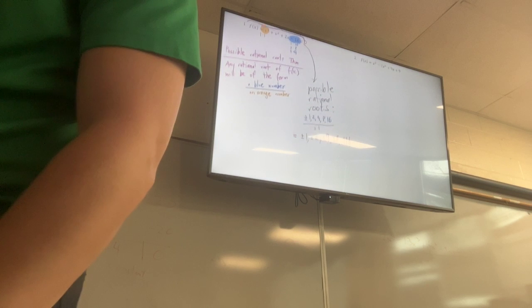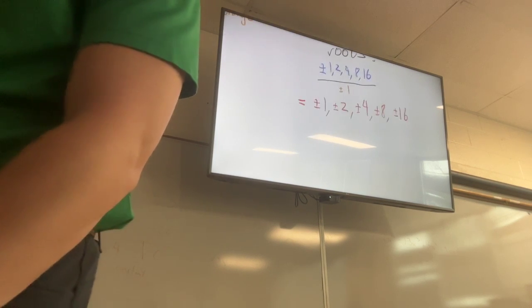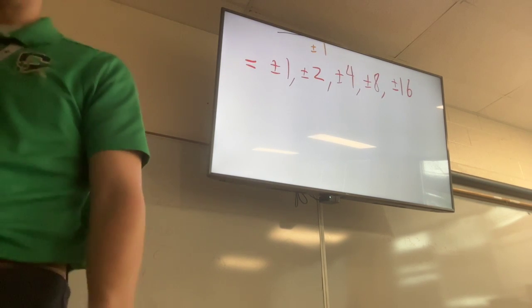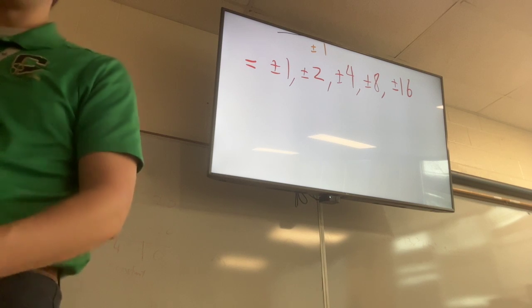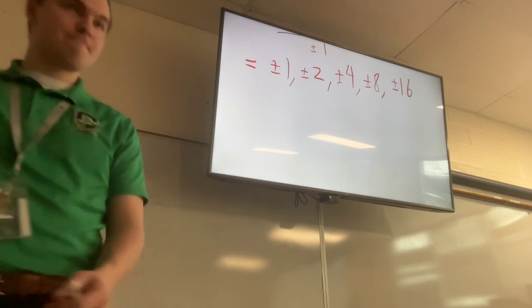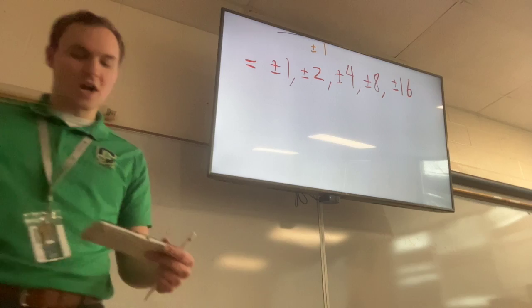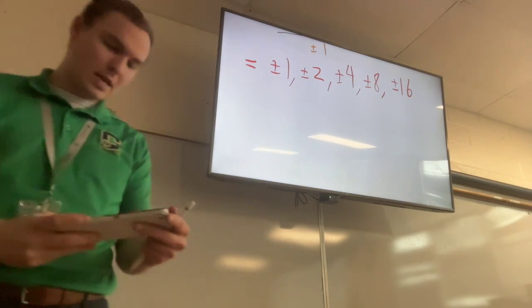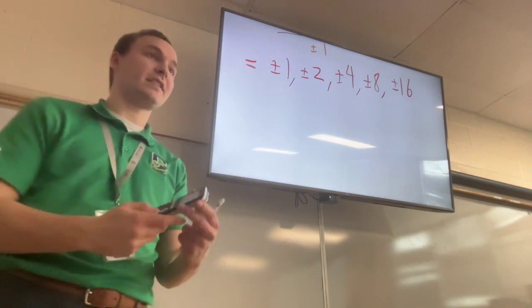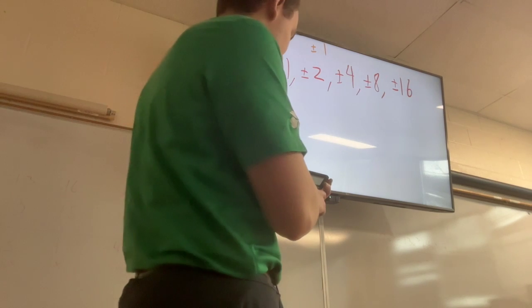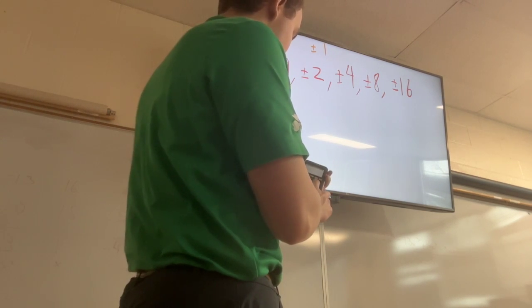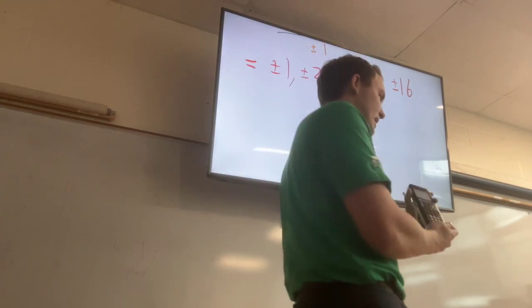So let's see which one on this list is a solution. We're gonna do it with our calculators, okay? So turn your calculator on. Real quick, let's fix our windows on our calculators. Hit the zoom button, and then select Z standard.